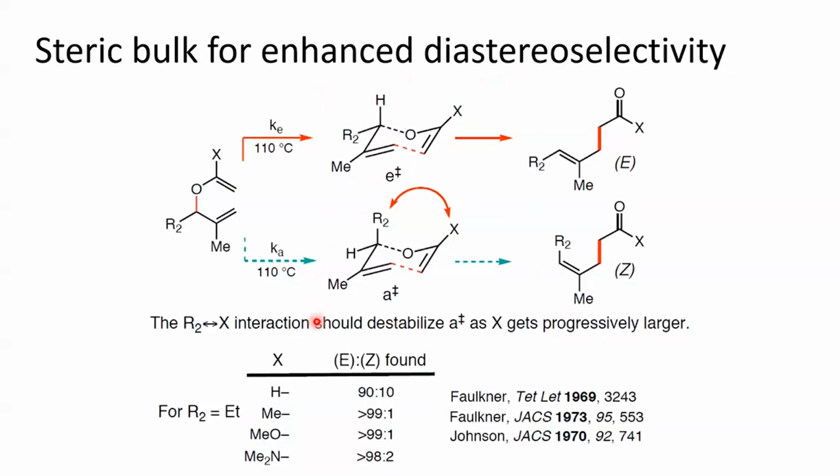Looking at our two transition states, R2 is an ethyl group, and we can see that when it's in the axial position, if you increase the steric bulk of this X group from a hydrogen to a methyl to a methoxide to a dimethylamine, you increase this steric clash. If, however, our ethyl group R2 is in an equatorial position, it really doesn't matter what you do with this X functional group. It is out of the way and there is not going to be that steric clash. And interestingly, by increasing the steric bulk of X, they were able to effectively eliminate the minor reaction pathway using this strategy.